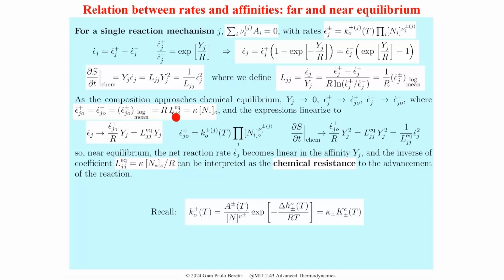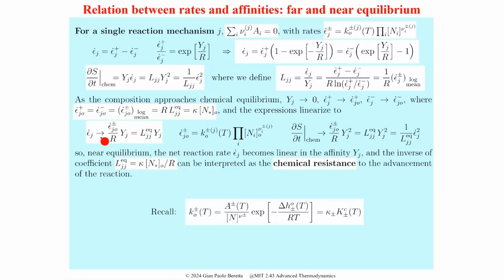And you can also express that if you use this definition down here and what we have done in the previous lectures, you can also connect it to the concentration at equilibrium of the activated complex. Okay. So we've linearized. Now we have a linear relation.